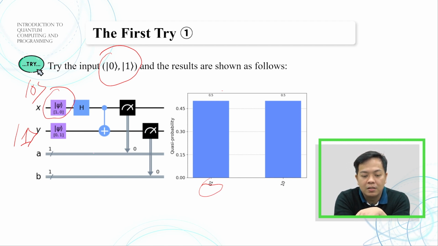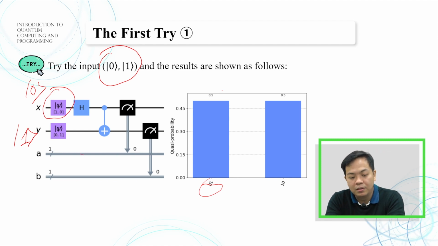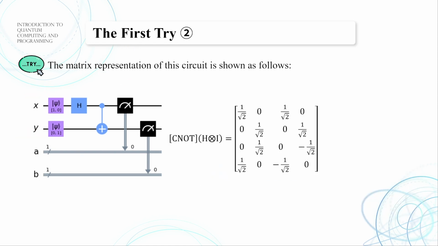So you can see this kind of model. And first we want to apply the negative, and this is the CNOT. You see the CNOT value. After you run the tensor product of the Hadamard with the identity matrix, you have this kind of result.